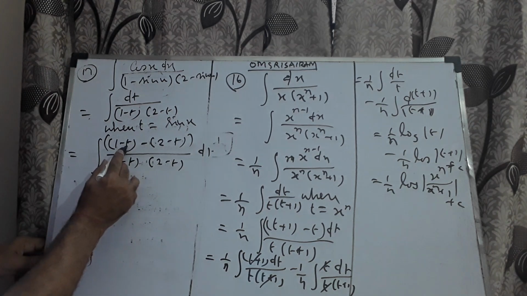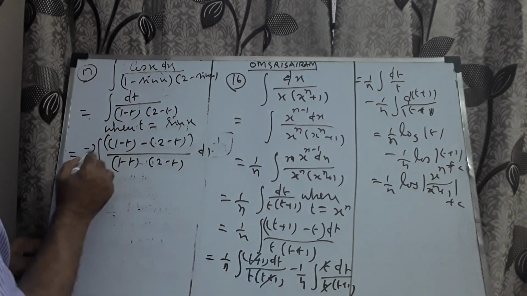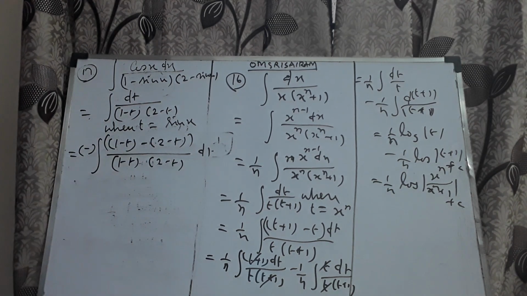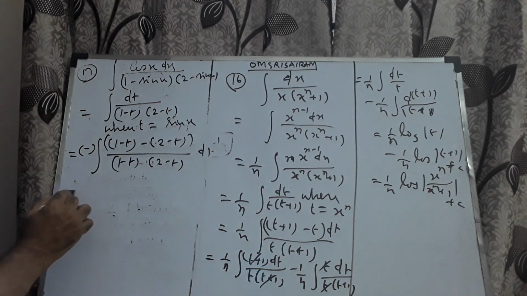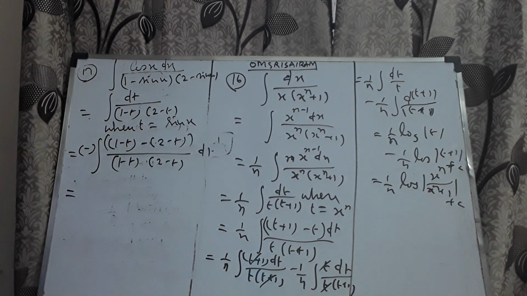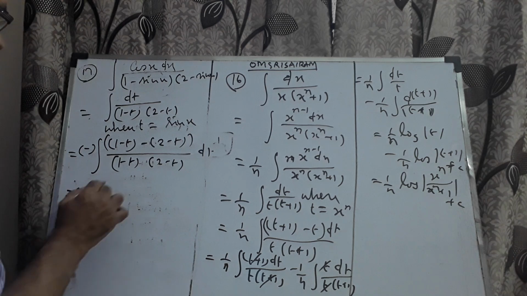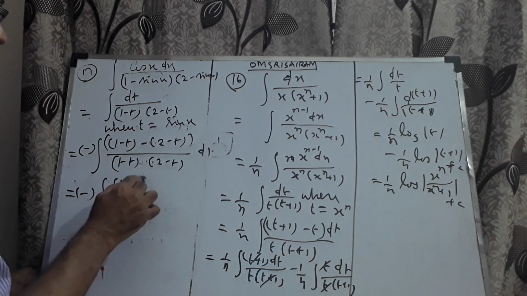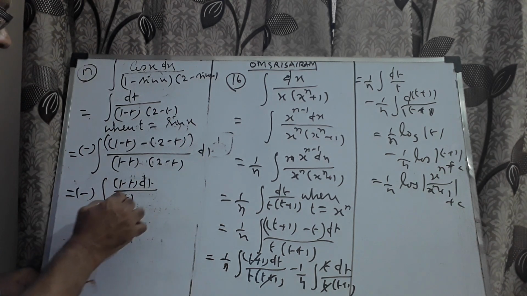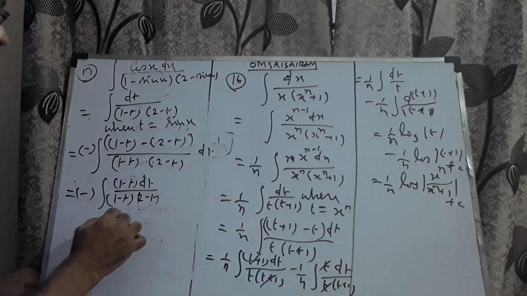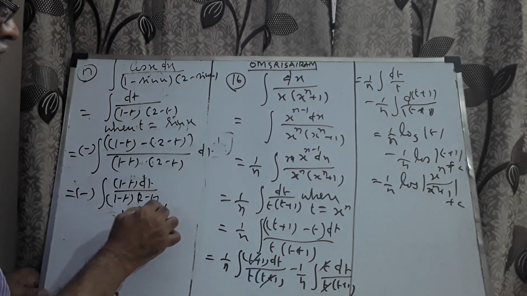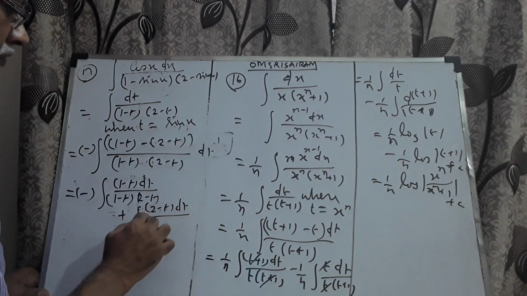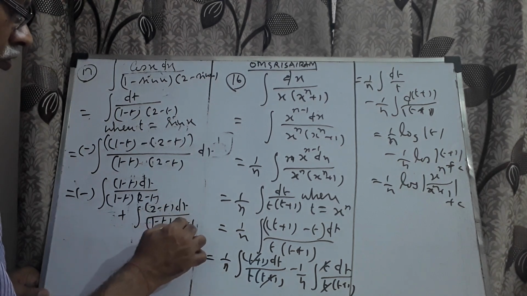See here, minus t plus t will get cancelled. There is an extra minus sign, therefore multiply by minus on the outside. Therefore, minus integral 1 minus t dt divided by 1 minus t into 2 minus t, plus integral 2 minus t dt divided by 1 minus t into 2 minus t.